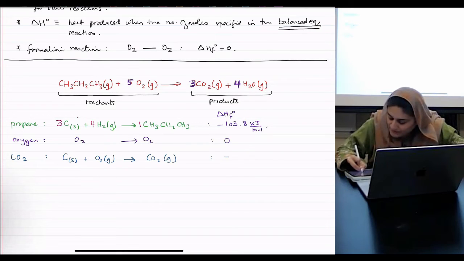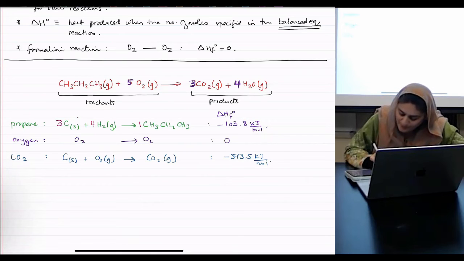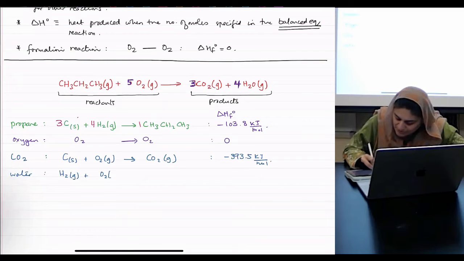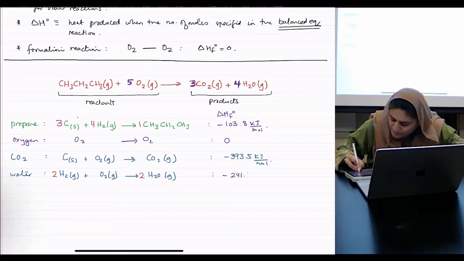And I know it is negative 393.5 kilojoules per mole. And say for water, H2 in the gas state plus O2 in the gas state gives me H2O in the gas state, and the value is negative 241.8 kilojoules per mole.